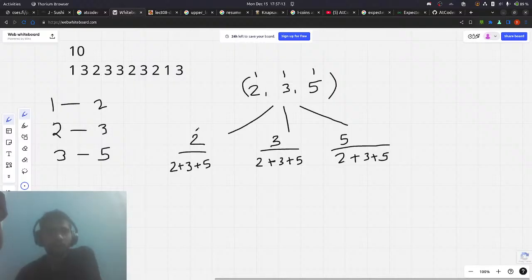And if we have chosen a plate with one sushi on it, then we have only one plate remaining with one sushi, and the rest is 3 and 5, right?